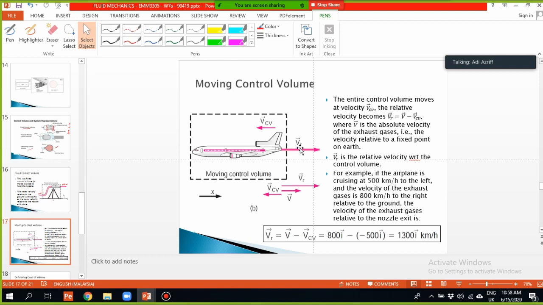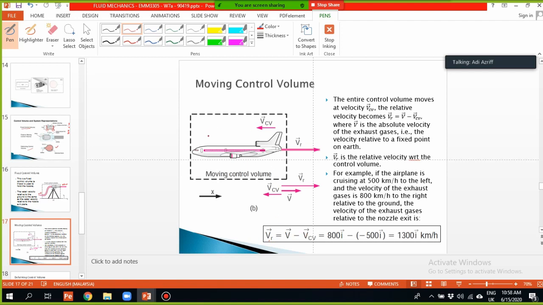VR we call the relative velocity of the control volume. The main formula is VR equals V minus V control volume.